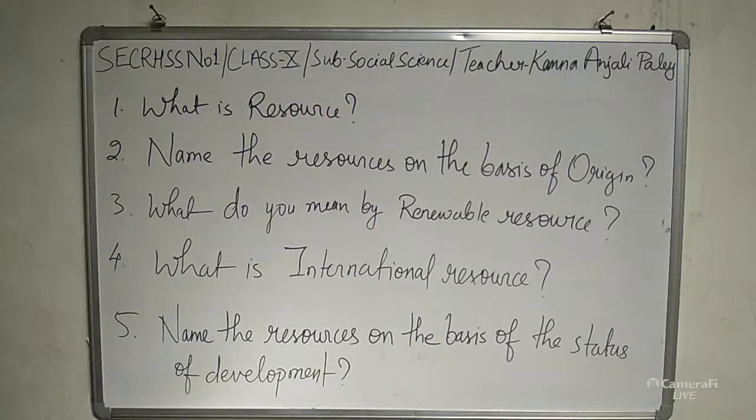Second, name the resource on the basis of the origin. The answer is biotic and abiotic. Third, what do you mean by renewable resource? The resources which can be renewed, reproduced, replenished again and again through the physical, chemical and mechanical process, and whose quantity is unlimited.